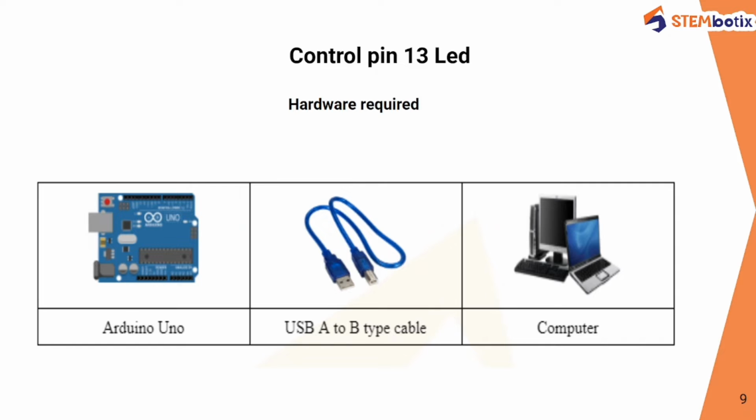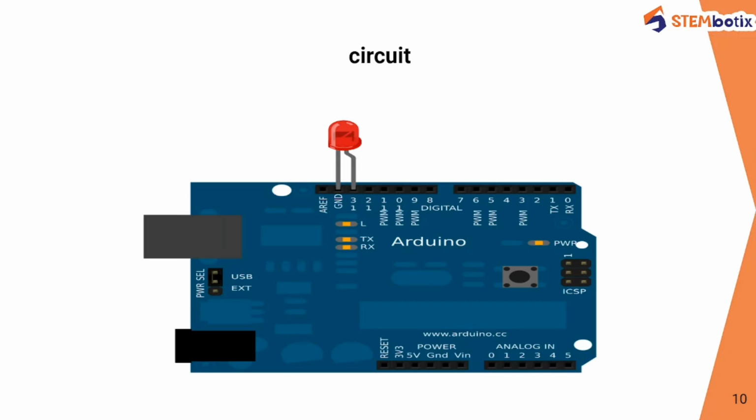Let's see activity number 1, which is controlling pin number 13, which is already assigned by default to an inbuilt LED in our Arduino Uno microcontroller board. For this experiment, we need the hardware: an Arduino Uno microcontroller board, a USB-A to B type cable, and obviously a computer.